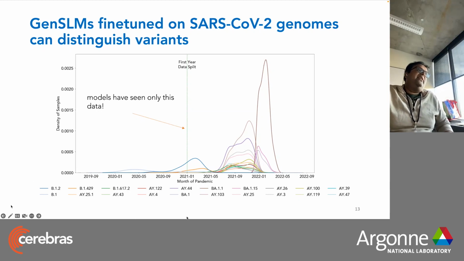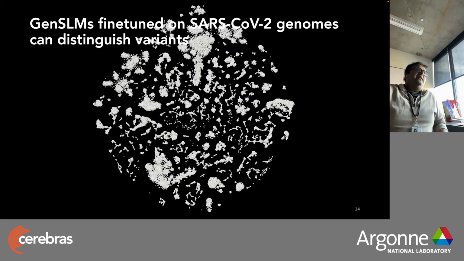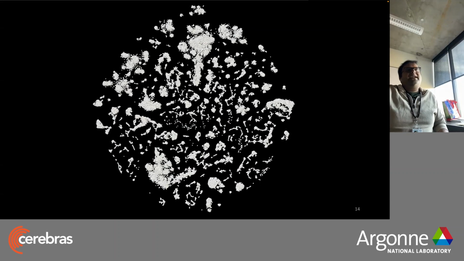So it has seen very few of the other variants thus far. And then we asked, is it possible for us to train the model on that and then see if it can distinguish the variants? So again, the money shot picture: what does happen is the fact that we can use GenSLMs to understand the differences in the variants.